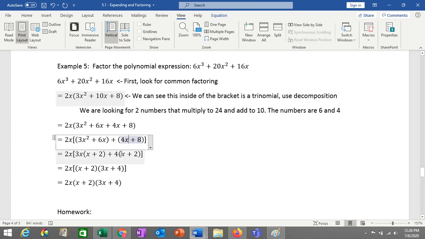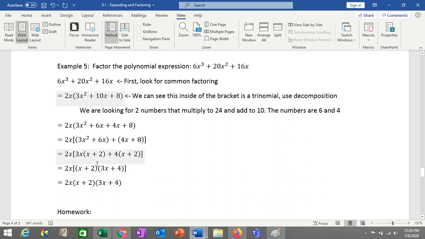4x divided by 4 is x. 8 divided by 4 is 2. And we know we've done it right because these 2 are the same. So we're now in these square brackets going to factor out an x plus 2 from here and from here. So we factor out our x plus 2, and that leaves us with 3x plus 4. Once I've done that, I no longer need the square brackets because all these things are just multiplied, right?